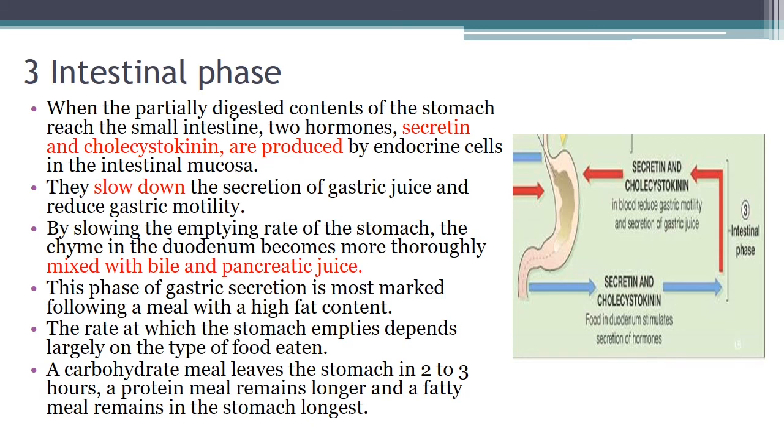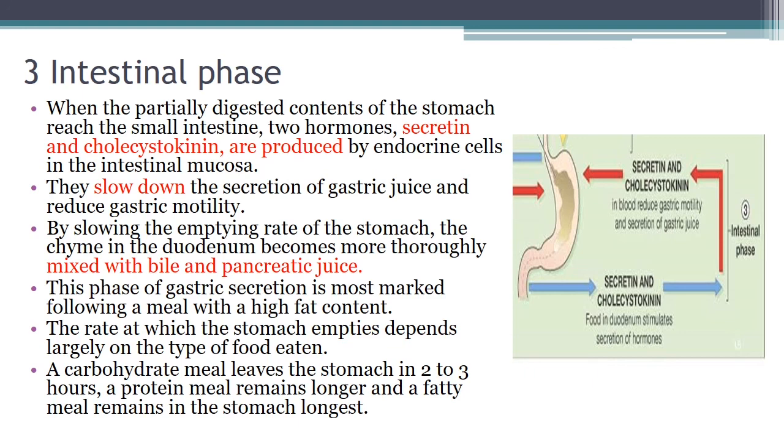Due to the secretin, there will be a slowdown of the gastric juice secretion, and it also reduces the gastric motility. Then the stomach will be emptied and the contents will mix with the bile and the pancreatic juice in the duodenum. This phase of gastric secretion is mostly mild following a meal with a high fat content.